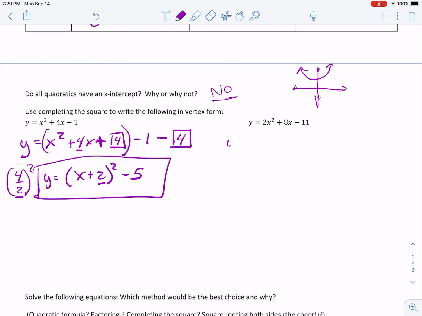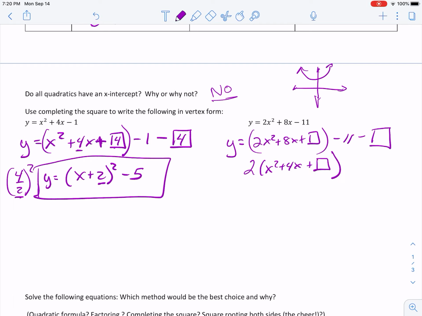This one gets a little trickier. You separate your x terms. So these guys are going to complete the square, and I'm going to subtract the box here. Before I complete the square, I have to factor out the 2. So I get x squared plus 4x plus my box minus 11 minus the box.